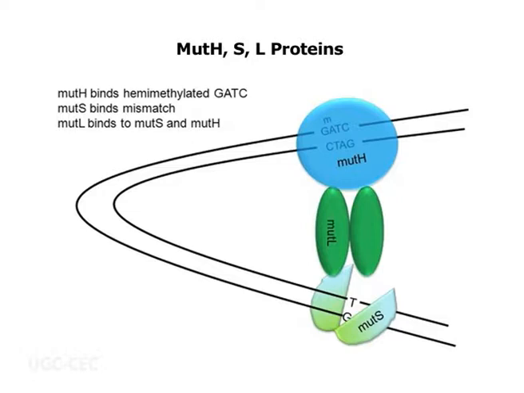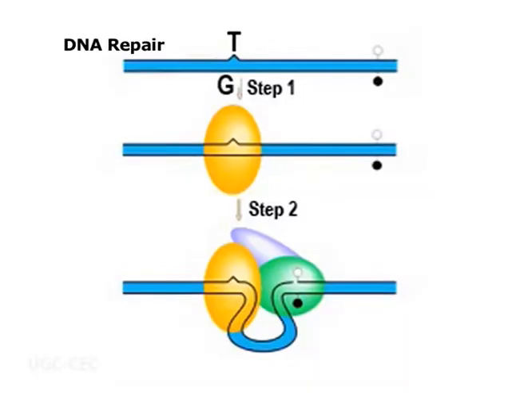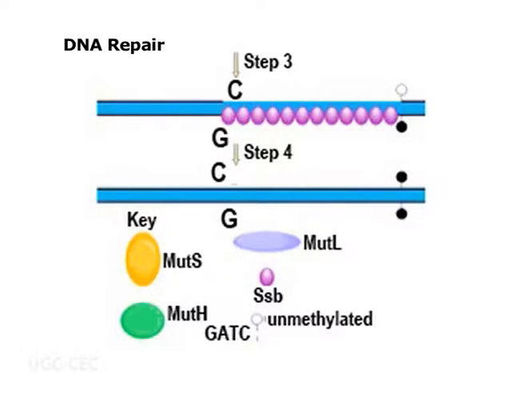To understand better how these proteins are helpful in taking away the incorrect base pair, let us look at this diagram. As shown in this diagram, there is a mismatch between G and T. As we already know, G base pairs with C. So by incidence or due to a certain fault in DNA polymerase III, a T has been incorporated in place of C. So it needs to be removed.